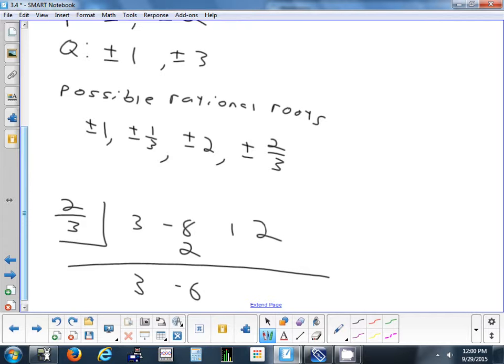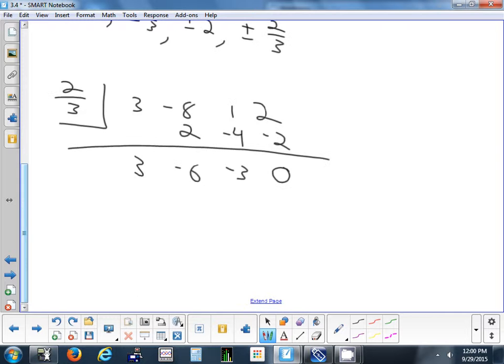Okay, I'm going to do 2/3 times -6 is -12 divided by 3, which is what? -4. 1 take away 4 is -3. 2/3 times -3 gives me -2. What's -6 divided by 3? -2 plus 2, 0. So perfect. Yep. Good job. 2/3 is a root.